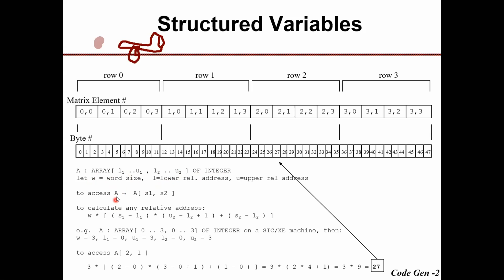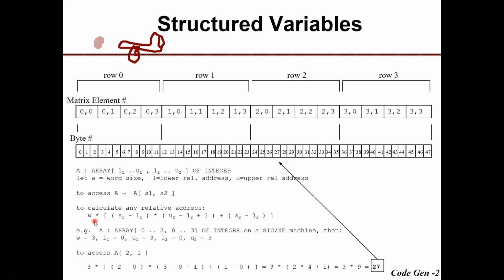Then we have rules about how we access this theoretical array here. To access it, A is going to call A at some address, and the address are these index values, and we'll use S1 and S2 as the 2 calling values for 1 and 2. Now, given that, we can generate an algorithm to calculate any relative address relative to the starting byte of this particular array.